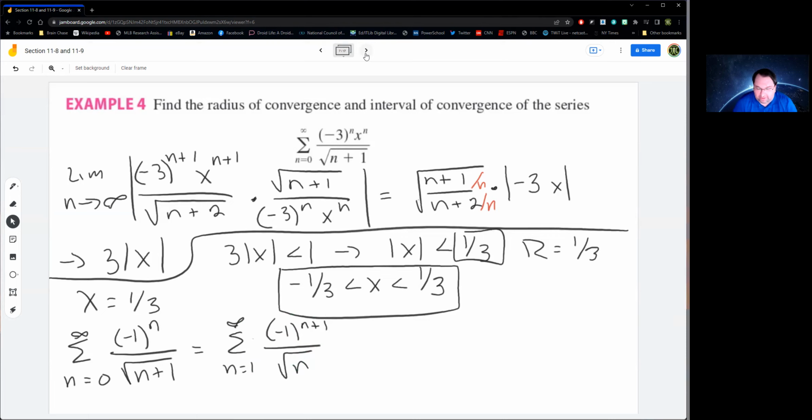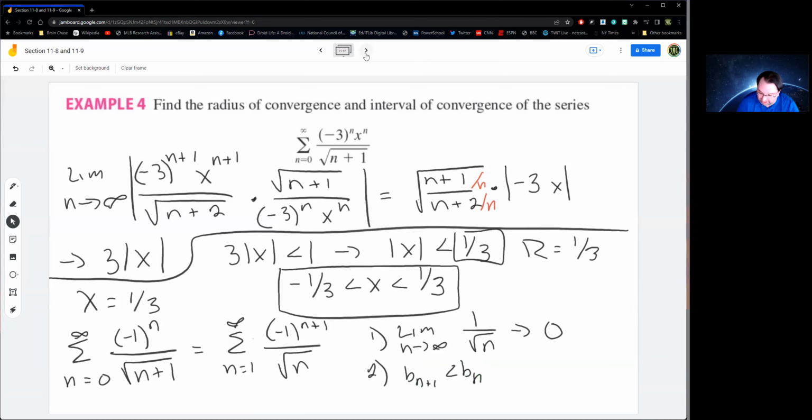This is an alternating series now. So if we look at it as an alternating series test, the limit as n goes to infinity of 1 over the square root of n does go to 0. And the second part is b to the n plus 1 less than b to the n.